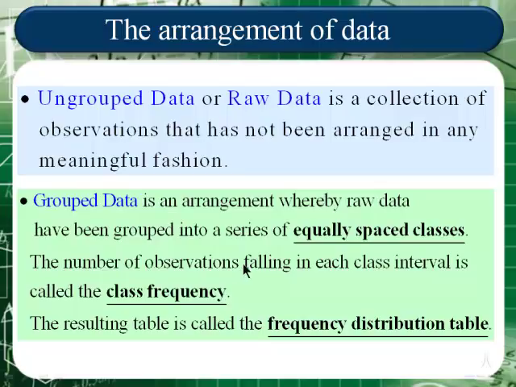The number of observations falling in each class interval is called the class frequency, and the resulting table that we will design is known as the frequency distribution table.